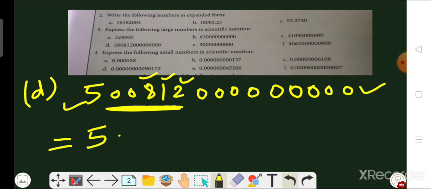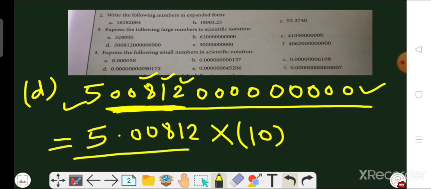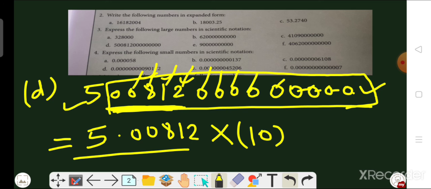So write the number of places up to the non-zero digit, and that is 0 0 8 1 2. Okay, after writing like this, put the sign of multiplication and raise to the power of 10 as the remaining digits are there. How many are these? 1 2 3 4 5 6 7 8 9 10 11 12 13 14. 10 raised to the power 14.